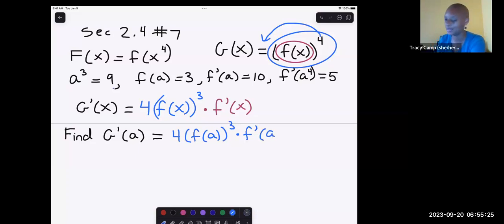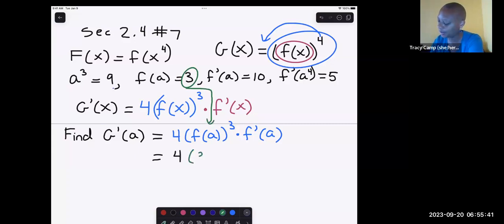So we will have 4 times f of a cubed times f prime of a, replacing all of our x's with a's. They tell us that f of a is 3, so I can replace my f of a with 3.